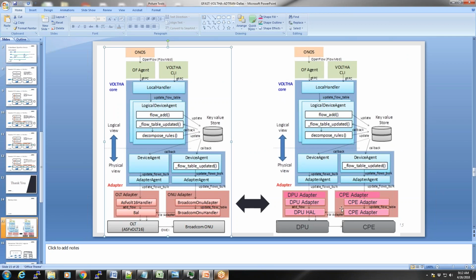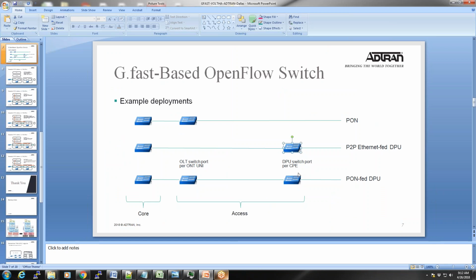The DPU CPE is a single logical device inside of ONOS. A DPU is just an OpenFlow switch, and those CPEs are the ports associated with that switch. Yeah, so my question was that for a subscriber, when we provision the flow rules, those flow rules need to go both to the OLT logical device as well as the DPU logical device, right?